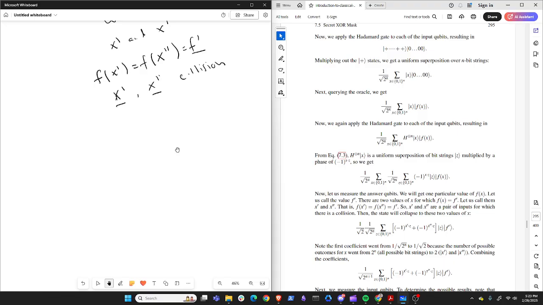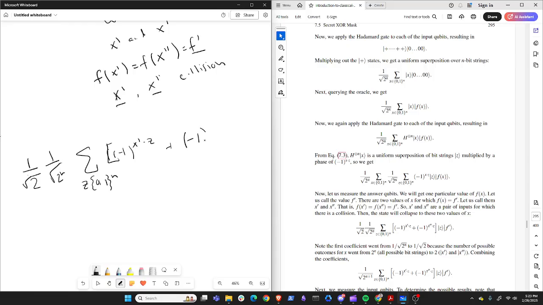So, written out even further longhand, our state turns into one over square root of 2 to the nth power times the sum, for all of our bit strings in our superposition, of the phase (-1) raised to the dot product of x prime and z plus our phase raised to the power of the dot product of x double prime and z, state z, and f prime.